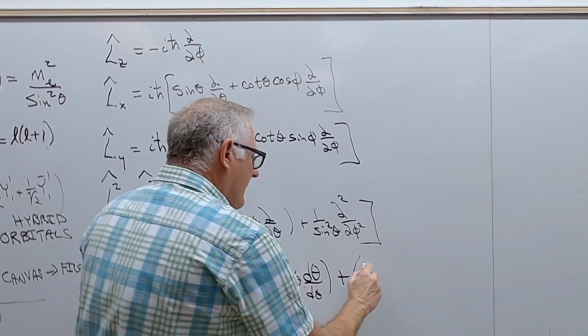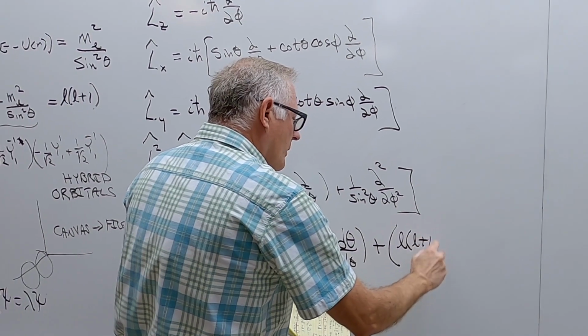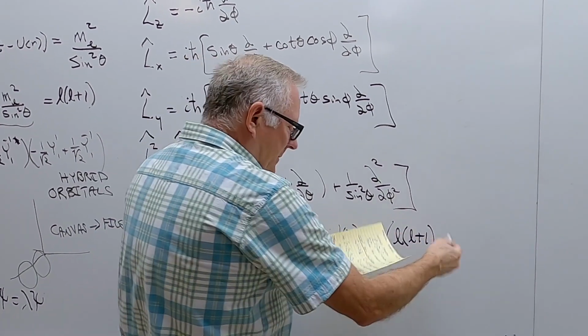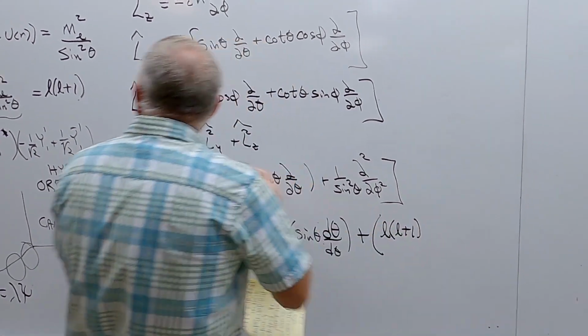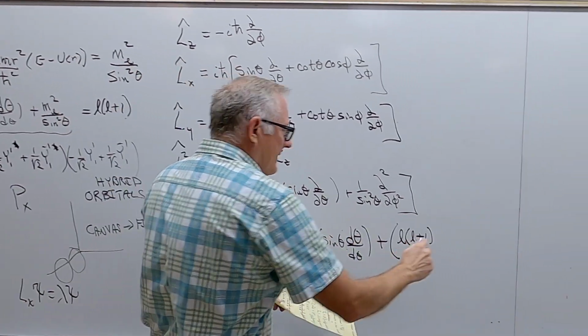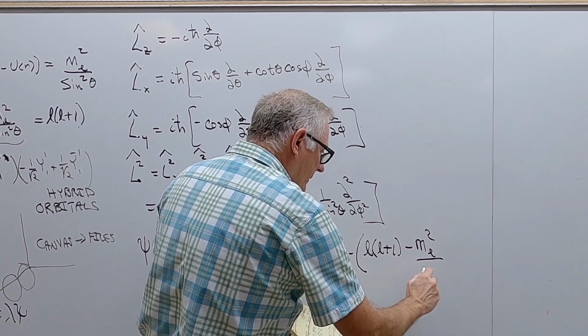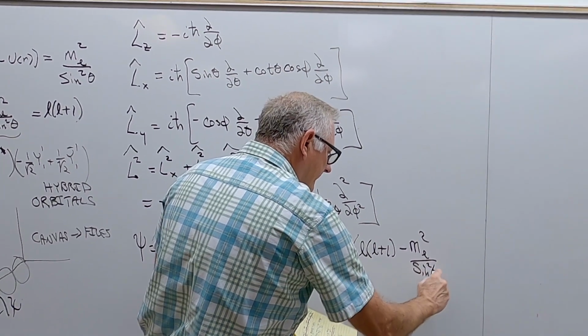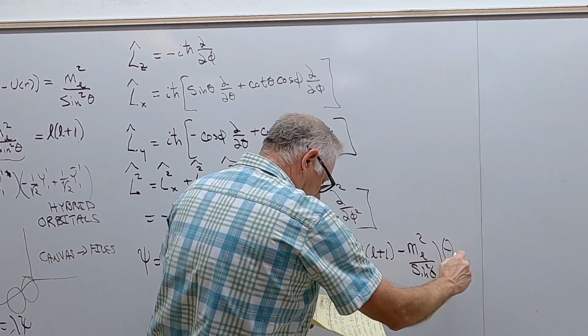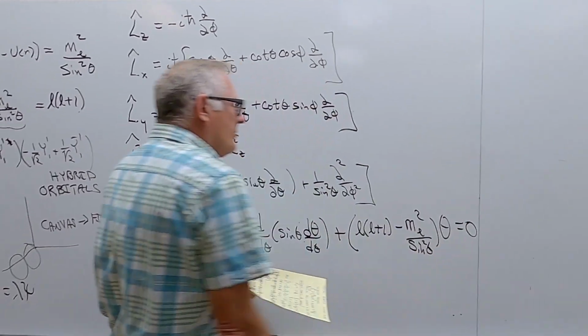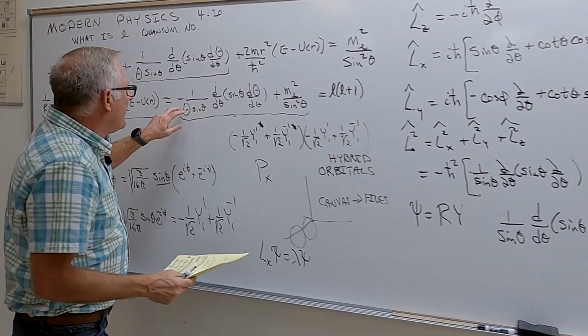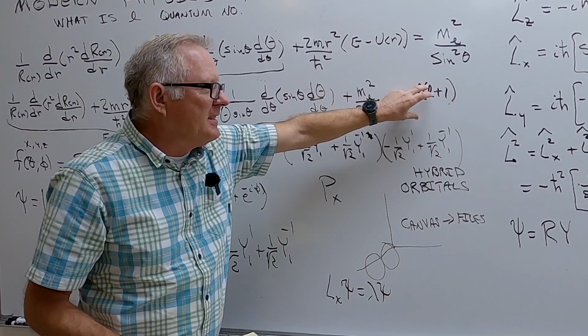So we got L times L plus 1 times big theta, but I'll factor it out. And then we also brought this term over, so it's minus m sub L squared all over sine squared theta, big theta, and that equals 0. So that's what I get when I just solved, again, this equation right here.